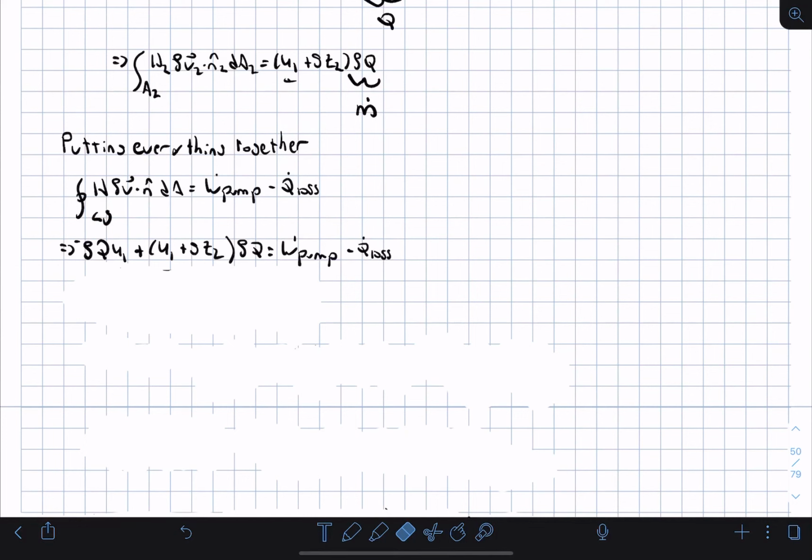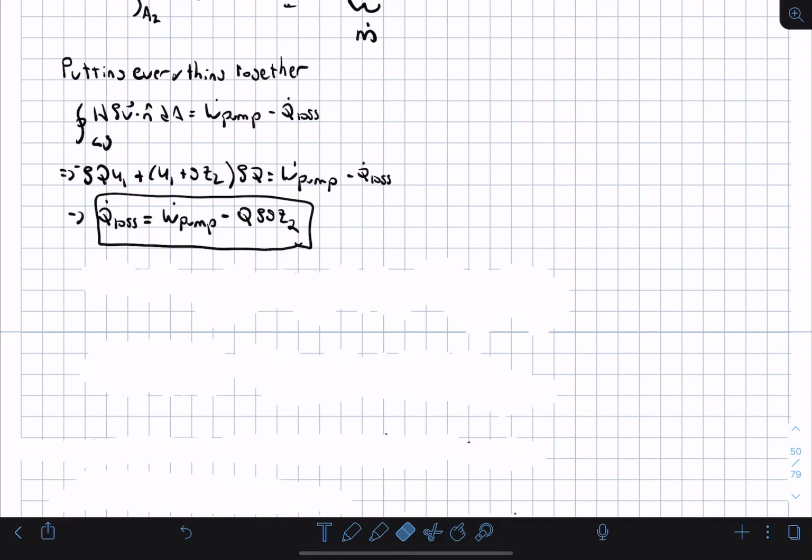Then this becomes minus rho Q times the internal energy at state 1 plus the internal energy at state 1 plus GZ2 times rho Q is equal to the pumping work in minus the heat loss out. And we can solve for the heat loss to the pipe. And the heat loss is the pumping work going in minus the work that actually went into increasing the potential energy of the fluid to the second reservoir.